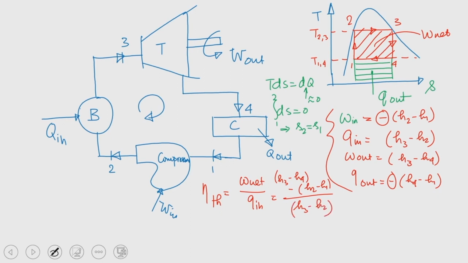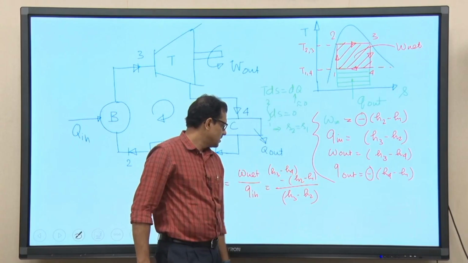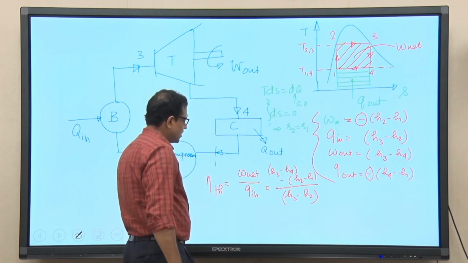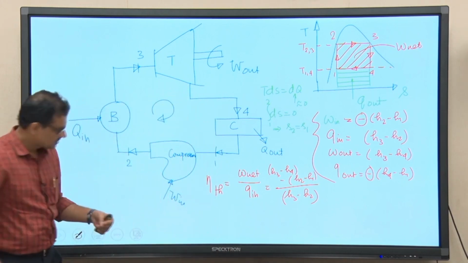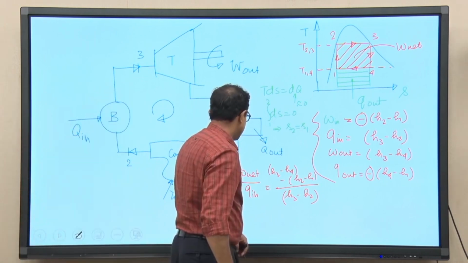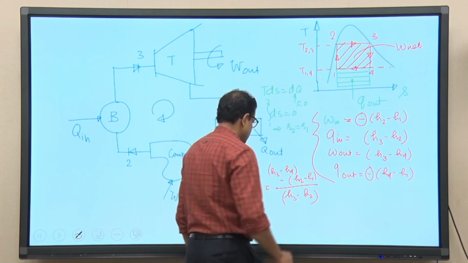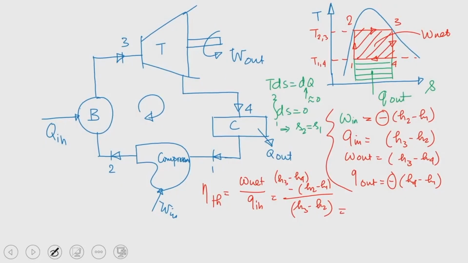You can clearly see that by doing some algebraic manipulation, we can write W in as H2 minus H1. We can write one step further, that is (H3 minus H2) divided by (H3 minus H2), minus (H4 minus H1) divided by (H3 minus H2).